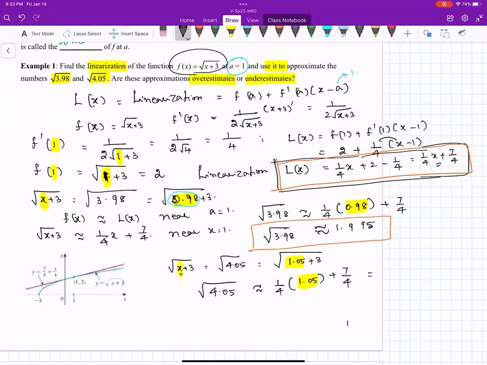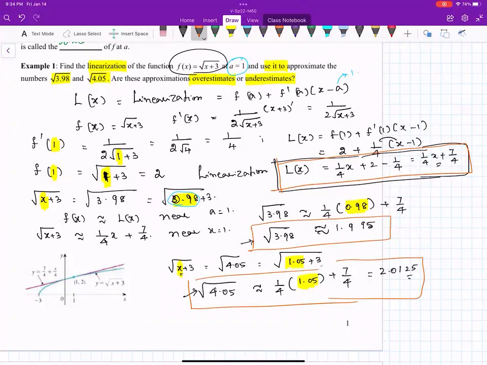If you compute this in your calculator, it will be 2.0125. So what we notice is the earlier value is slightly smaller than square root of 4. This one is slightly larger than square root of 4. So that's why we get a value slightly more than 2 here. So that answers the second part of the question.